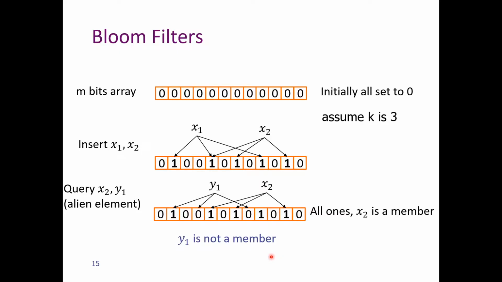Why? Because if y is a member, then those positions must be set to 1. But now we find some position is not 1, right? It's 0. So we are able to conclude that y1 is not a member. This logic is very clear and very easy to understand.